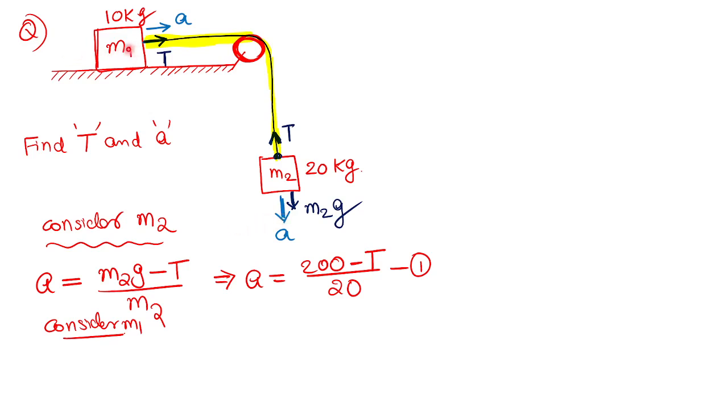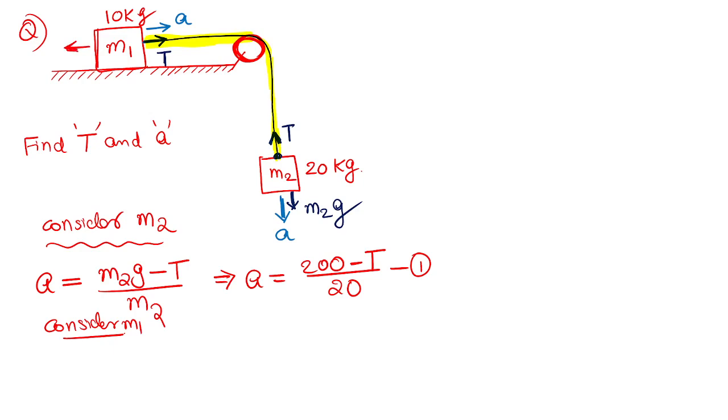But here m1 is moving along a horizontal line like this. Is it moving up and down? No, it is moving horizontally. So what is the net horizontal force acting on m1? One horizontal force acting on m1 is tension towards right. Any other horizontal force? In this direction there is no force.